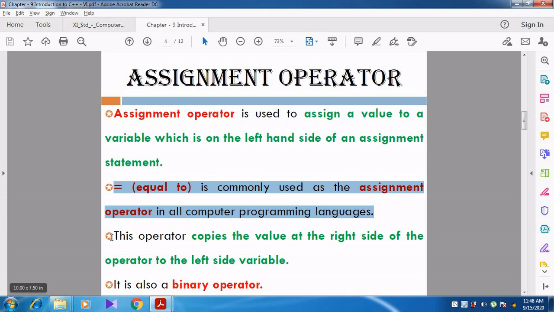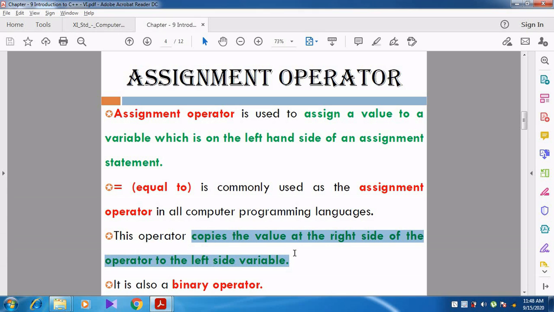This operator copies the value at the right hand side of the operator to the left hand side variable.